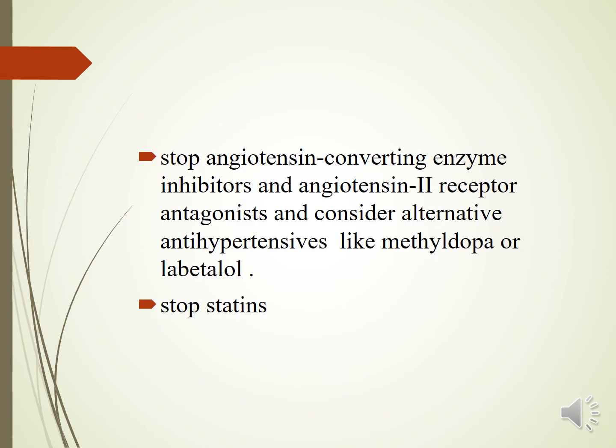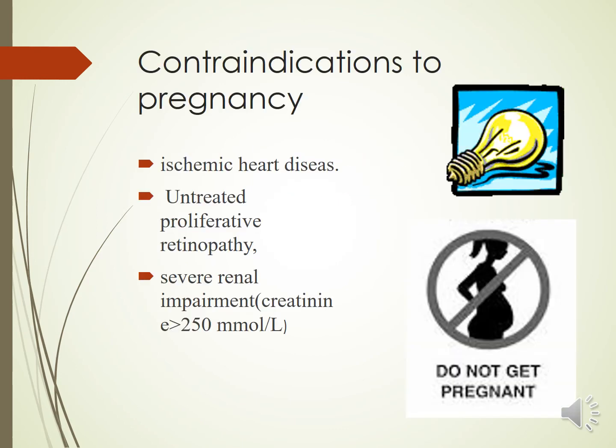We should stop angiotensin converting enzyme inhibitors and angiotensin 2 receptor antagonists and consider alternative antihypertensives like methyldopa or labetalol. And we should stop statins. Contraindications to pregnancy: if the diabetic patient has ischemic heart disease, untreated proliferative retinopathy, or severe renal impairment.